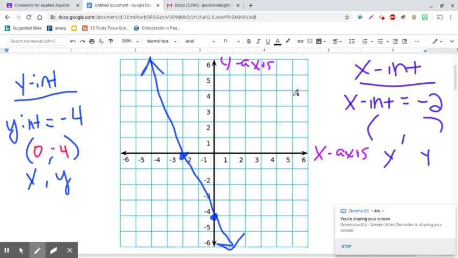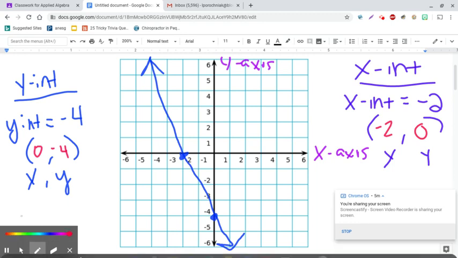But now this is my x-intercept, which means my x value is the -2 and the y value is the 0. Guys, that is the biggest difference between x and y-intercept. Your x-intercept is your number, comma, 0, and your y-intercept is 0, comma, your number. All right? Or you just say x-intercept equals -2 or y-intercept equals -4. Guys, that's all we're doing this week. All right? So let's try another one.